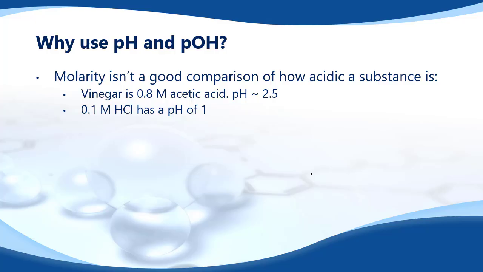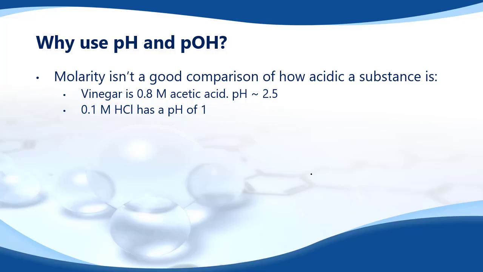Vinegar is 0.8 molar, hydrochloric acid is only 1/10 molar. But even though it's 8 times more concentrated, vinegar is 25 times weaker as an acid than that hydrochloric acid solution is. So 8 times the concentration, 25 times weaker.